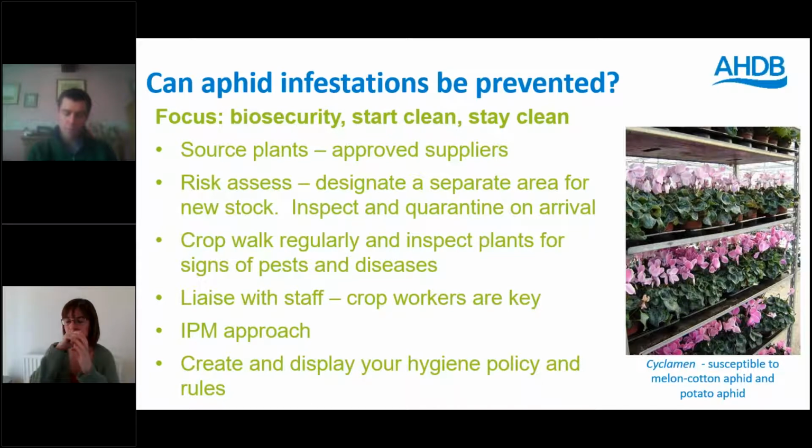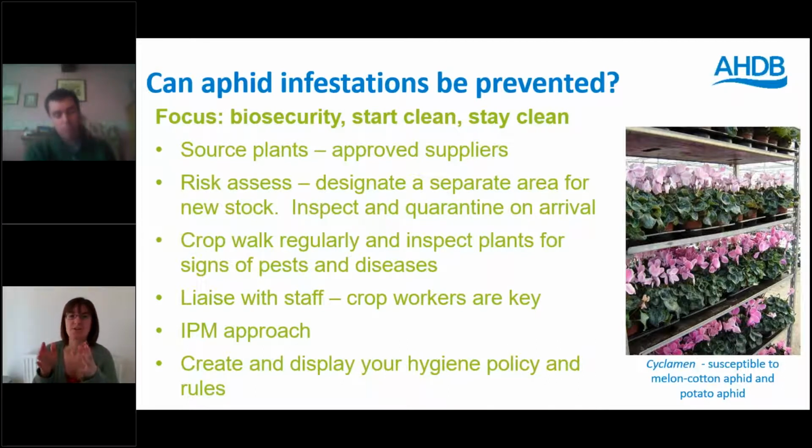Liaising with your staff and your crop workers is really important as well, because you can't be everywhere on the nursery all the time. But certain staff are dealing with those plants on a very regular basis, and transplanting staff, for example, are the ones that are going to see things early on and see if there's a problem.